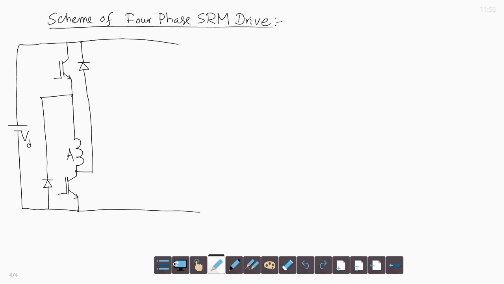A and A dash are connected in series and represented by a single coil A for phase A, and this is the IGBT QA, and this is the IGBT QA dash, which are responsible for establishing current in phase A. When QA and QA dash are switched on at the same time, current is established in phase A because DC supply is applied, and motoring torque is obtained.